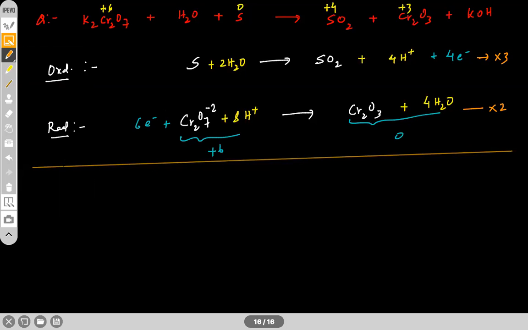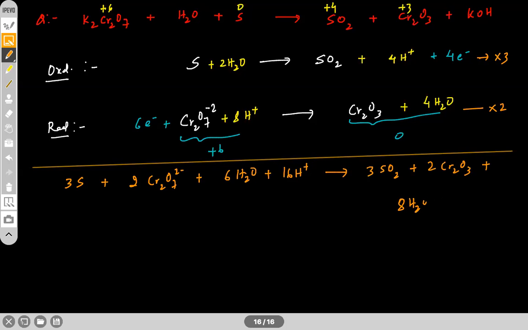So 3S plus 2Cr2O7 2 minus plus 6H2O plus 16H plus gives 3SO2 plus 2Cr2O3 plus 8H2O plus 12H plus.